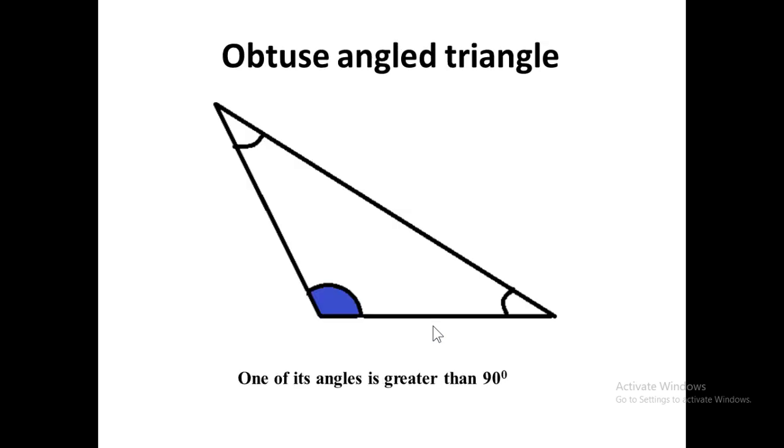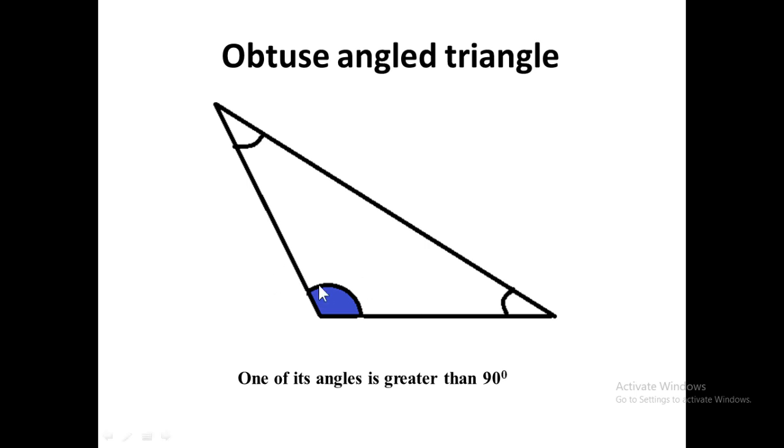Another triangle based on angles is the obtuse angled triangle. An obtuse angle is an angle that is greater than 90 degrees but less than 180 degrees. So when you have a triangle and one of its angles is greater than 90 degrees, that triangle is an obtuse angled triangle.